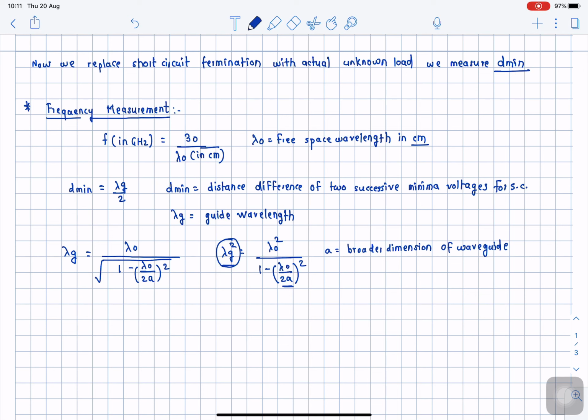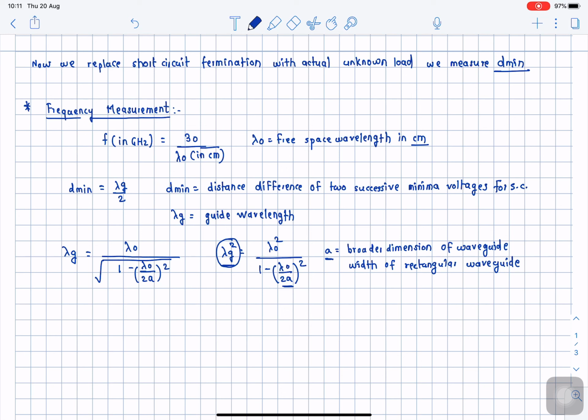Then I will measure the distance of the broader dimension of the waveguide. That is nothing but the small a, which we normally call the width of the rectangular waveguide, because the waveguide test bench setup normally consists of rectangular waveguide.